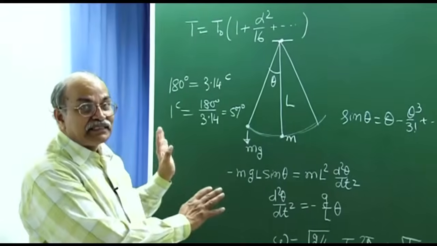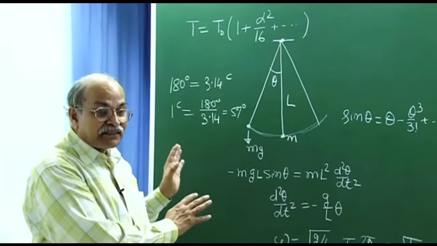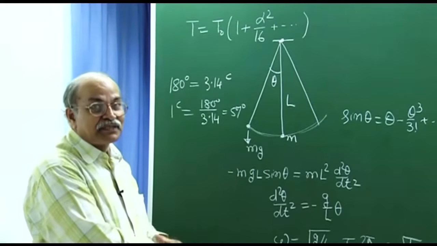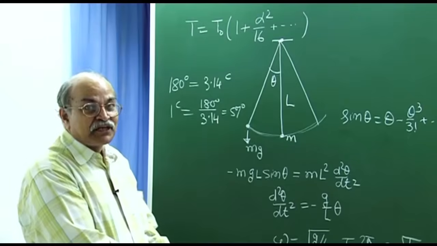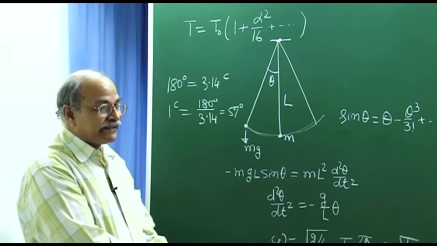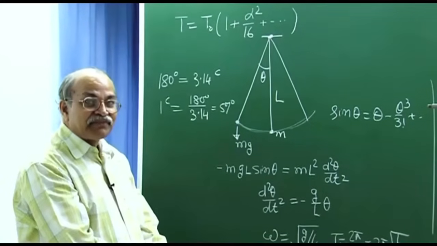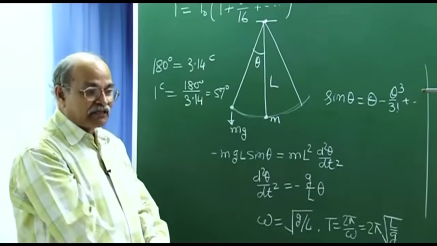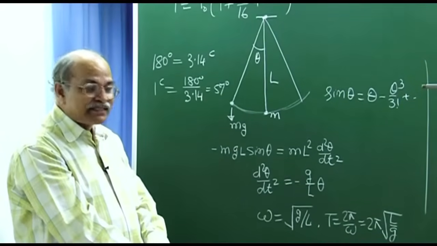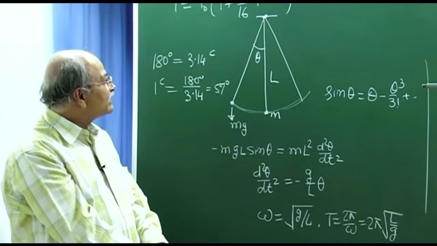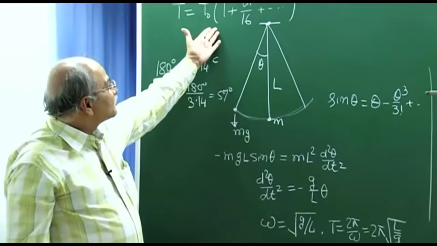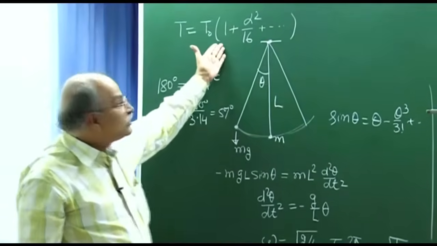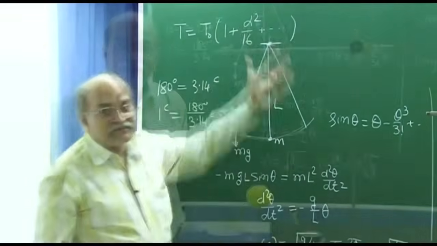So that is how the time period varies with amplitude. Now it will be your task to construct a simple pendulum and measure the time period for different amplitudes and see how it varies and whether it agrees with this or you need even more terms.